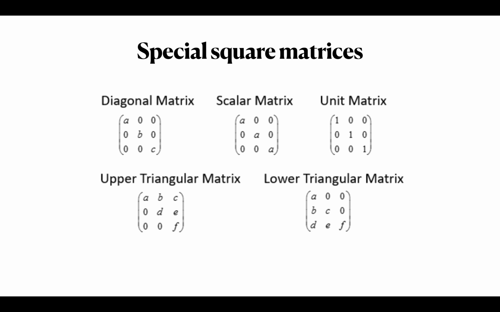Now, a diagonal matrix, folks, is a matrix that looks like the matrix underneath the words diagonal matrix, right? You've got zeros above what's called the main diagonal, A, B, C, and you've got zeros below the main diagonal. Now, that diagonal going from top left to bottom right is called the main diagonal.